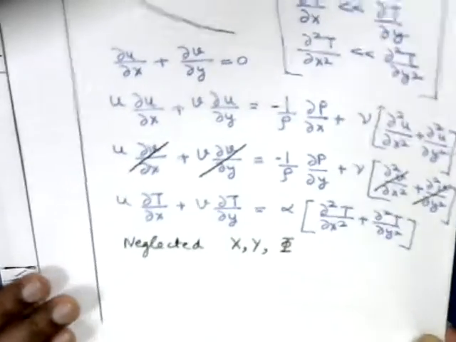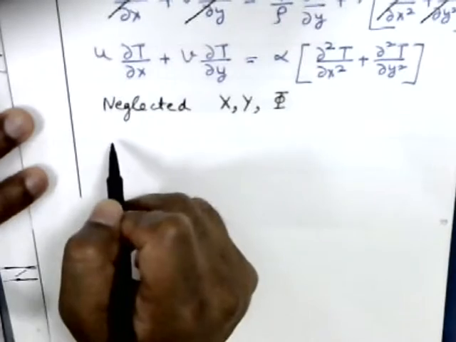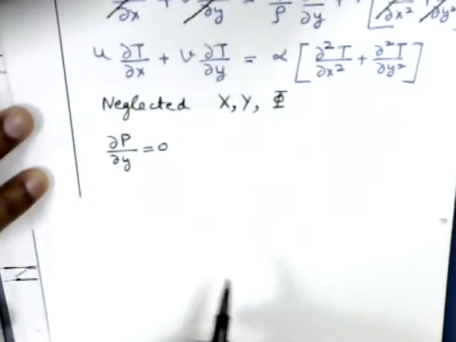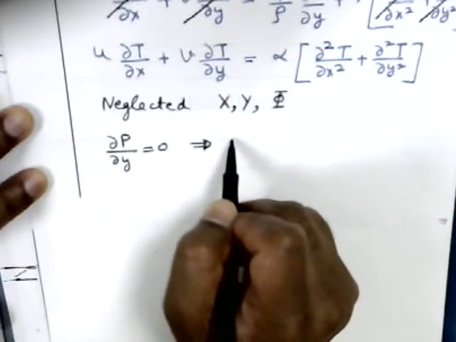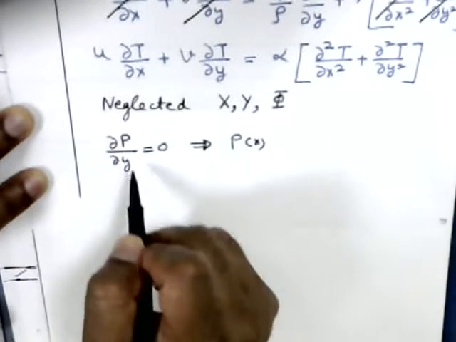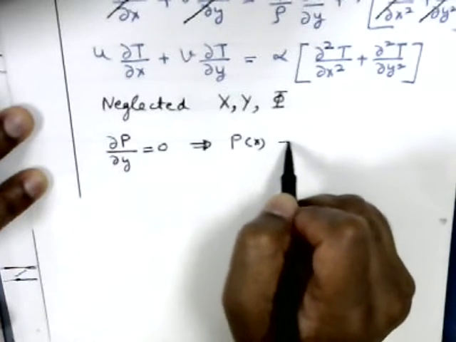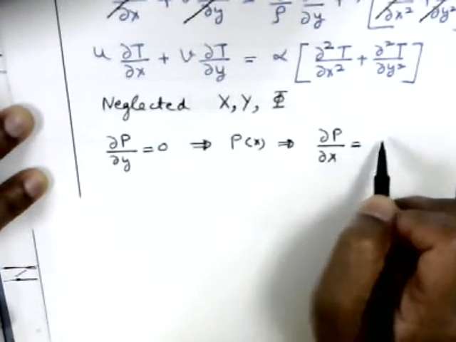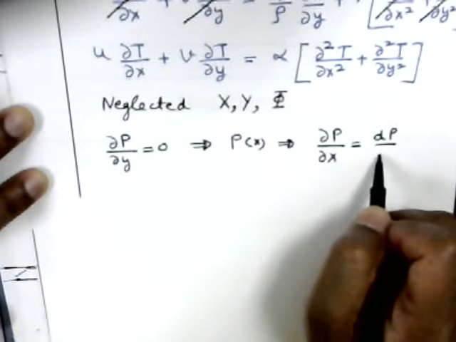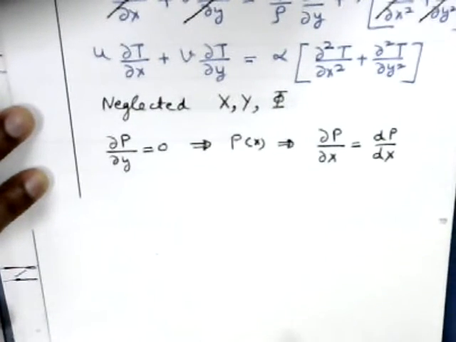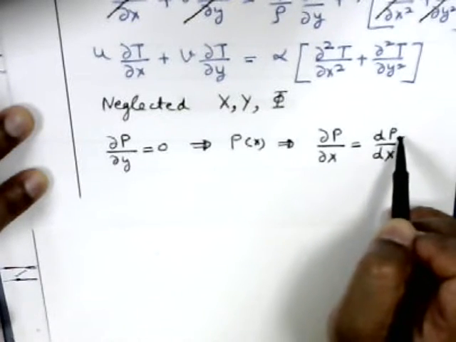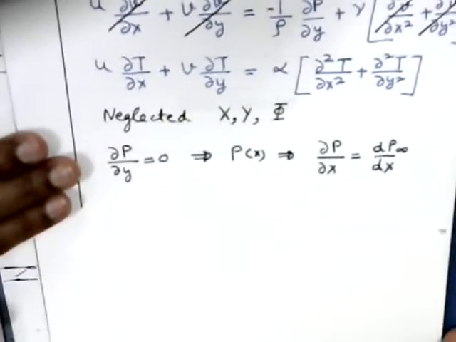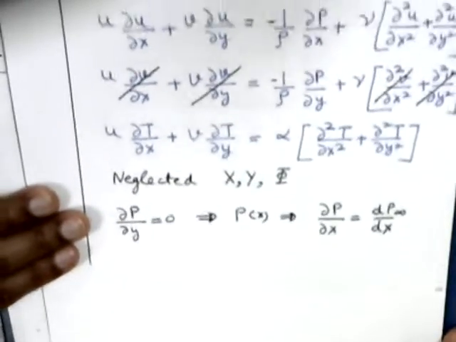That's the only term that remains. This means that pressure is a function of x only. So pressure does not depend on y. You can write ∂p/∂x as dp/dx, a total derivative, or as dp∞/dx, where p infinity is pressure away from the boundary layer.